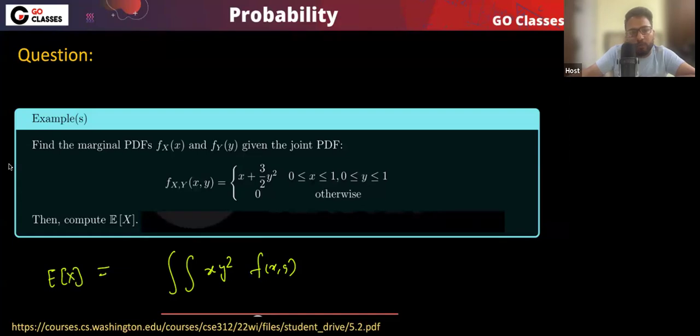So is this correct? Expectation of x equal to, I can just write x here in the joint PDF also, and then this is from minus infinity to infinity, and this is also from minus infinity to infinity. Is this correct? What do you think?